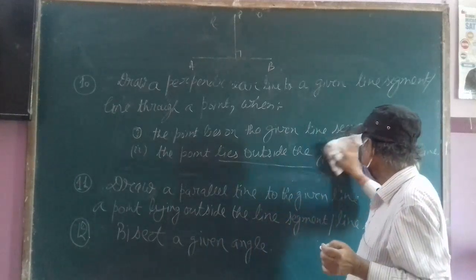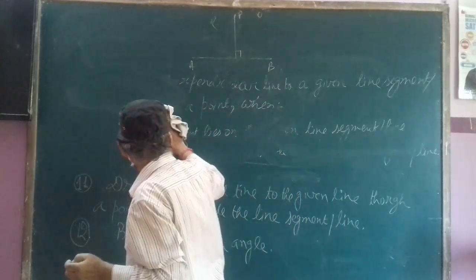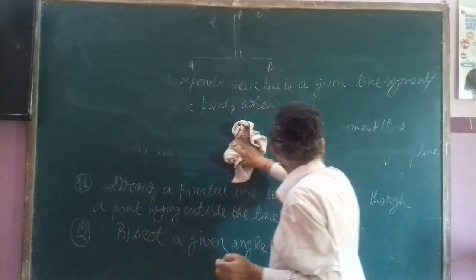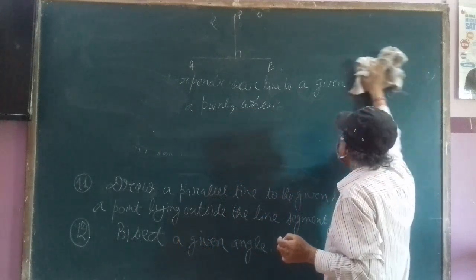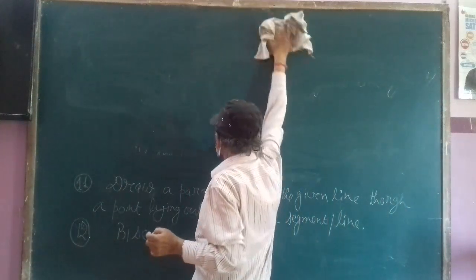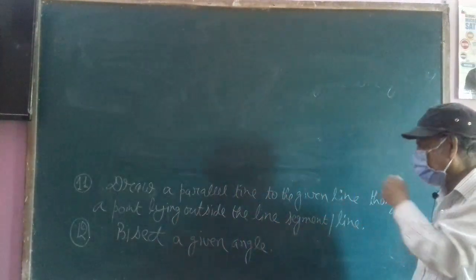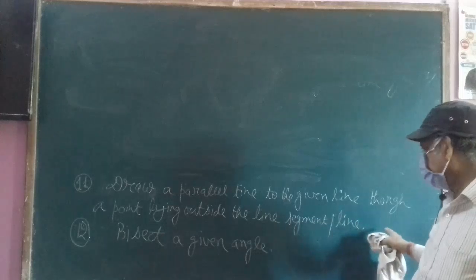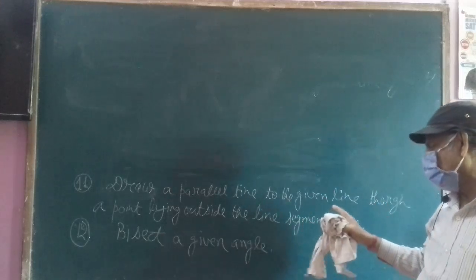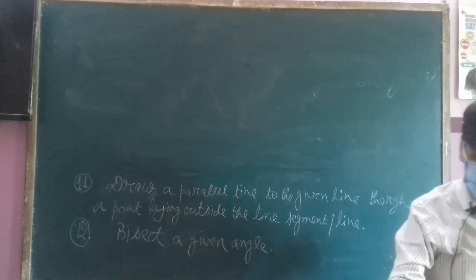Now I am going to the 11th problem. Draw a parallel line to the given line through a point lying outside the line segment or line.